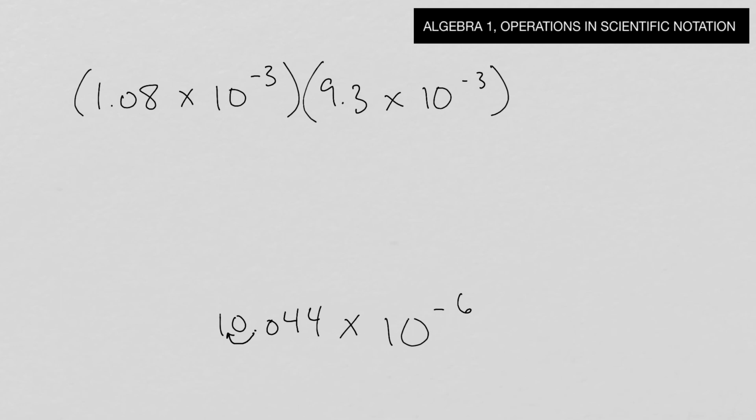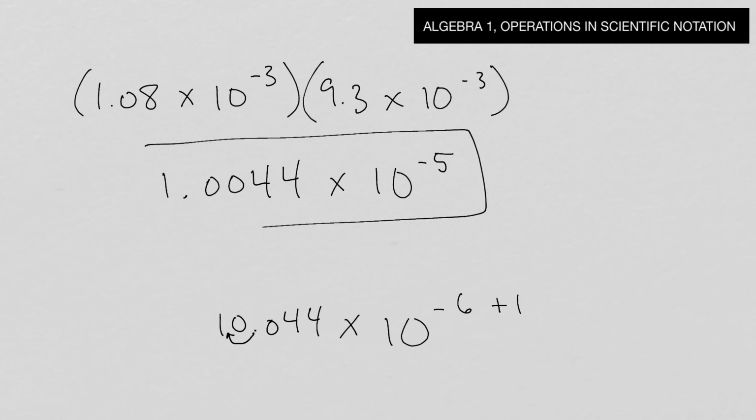When I do that, it increases this exponent. So now I have 1.0044 times 10 to the negative 6 plus 1. Negative 6 plus 1 is negative 5. So here's our answer. 1.0044 times 10 to the negative 5th power.